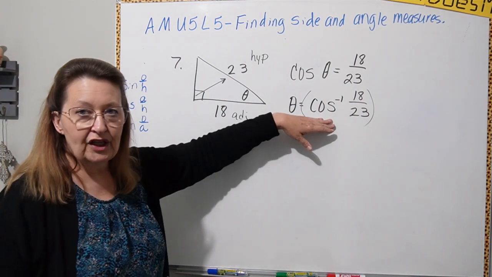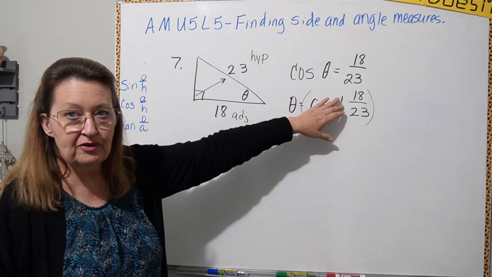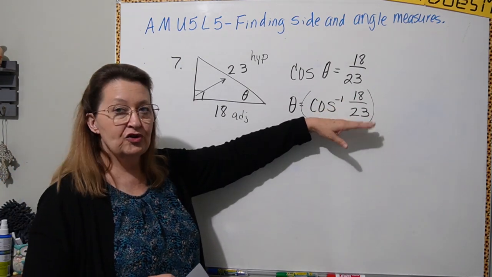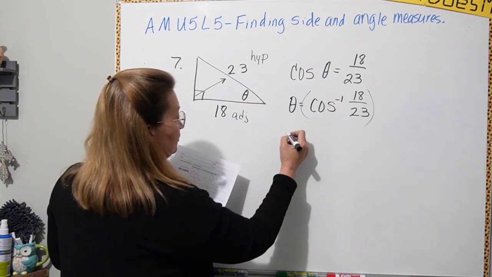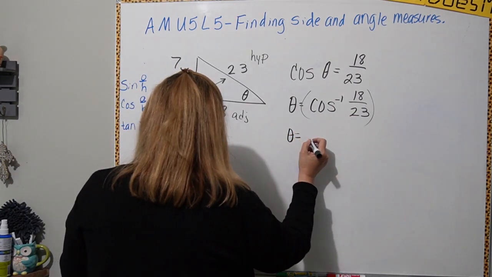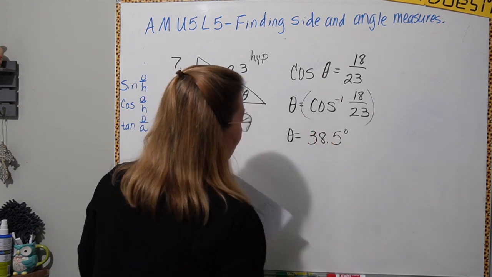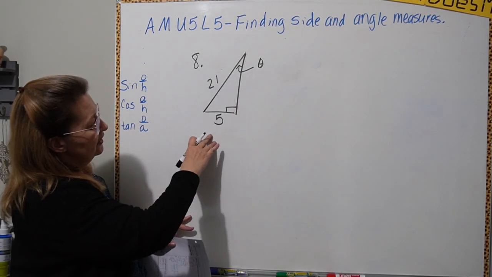You hit that cosine button twice so that you see the inverse cosine with the -1, and then you do 18 fraction bar 23, and then you hit enter, and that's going to tell you that theta is, and we're just going out to the tenths, 38.5 degrees.